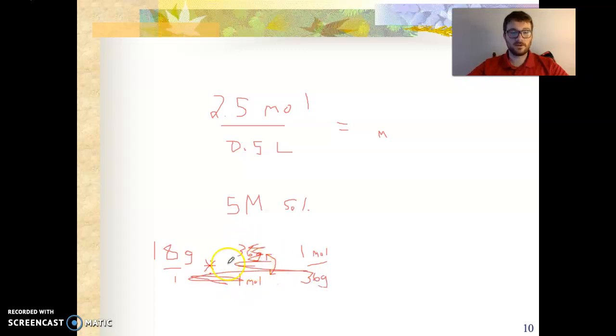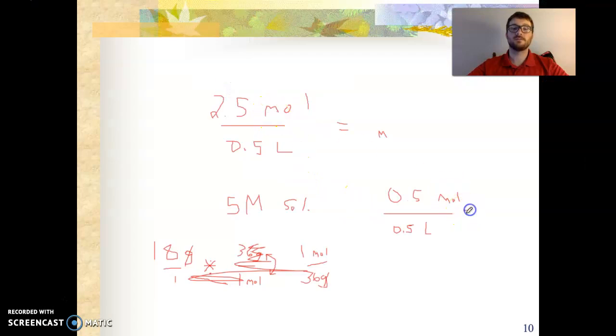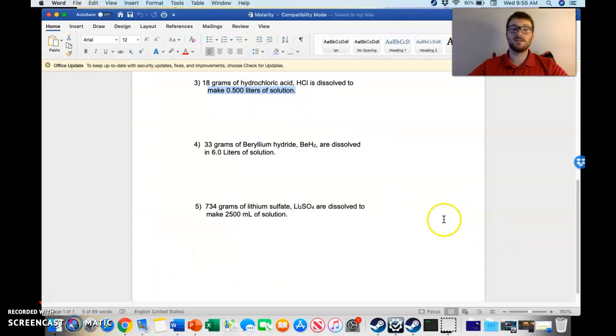Grams cancel out. 18 divided by 36 is 0.5 moles of HCl, and we're given 0.5 liters of this solution. Well, 0.5 divided by 0.5, this is a 1 molar solution of HCl.